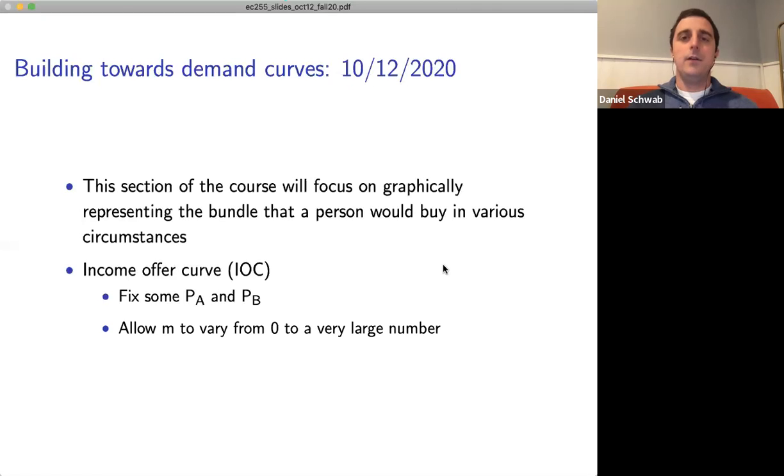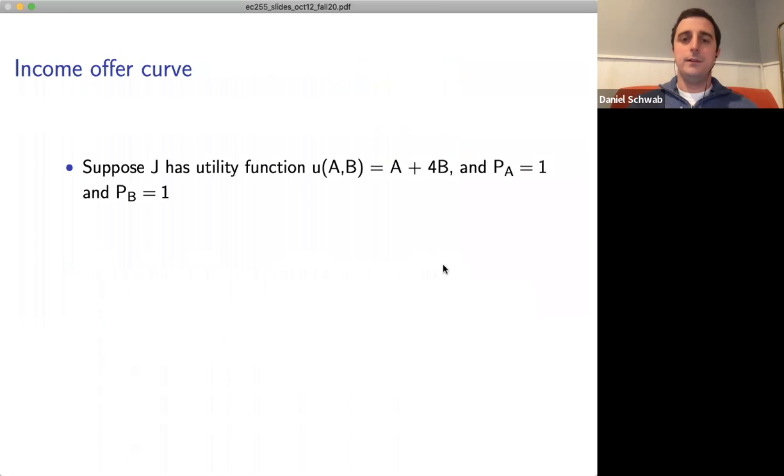It starts all the way at 0 and goes all the way up to some very large number. And then we plot the different bundles that the person would consume along the way. One way to think about it is: what would you buy if you were extremely poor? What would you buy if you were extremely rich? And everything in between. That's what you're showing when you show an income offer curve.